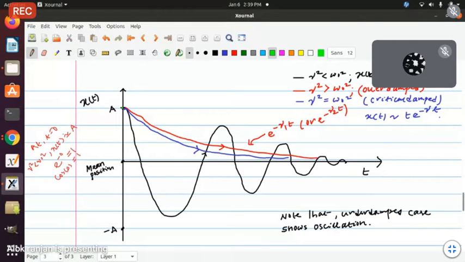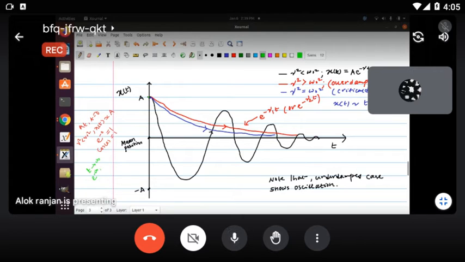And when t is very large, when t goes to infinity, what is the solution? So e to the power minus infinity is how much? It is 0.